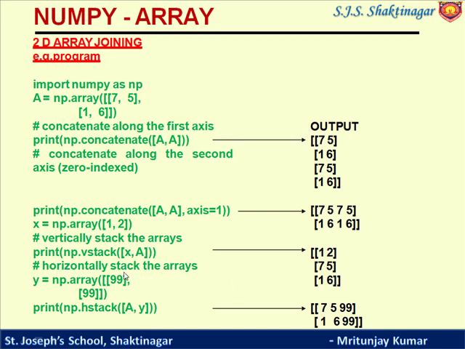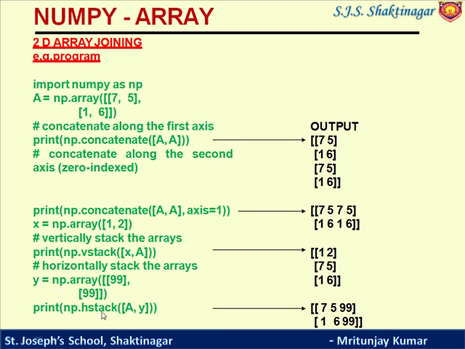So similarly we can stack it horizontally also. For the horizontal stacking we can do like this: print, and for that we will see here y is equal to np.array 99 99, that is given. Now if I print hstack, there is another array, a comma y. So a is the previous array, this one, and the second array is y, this one.